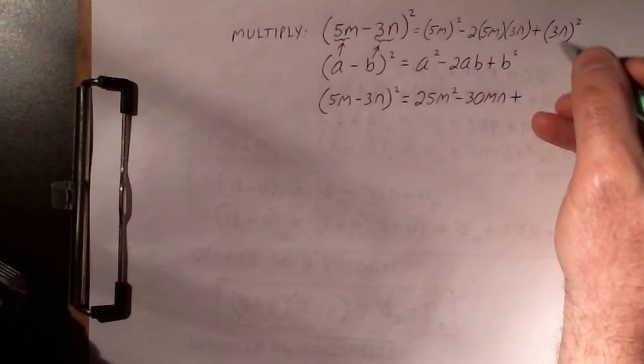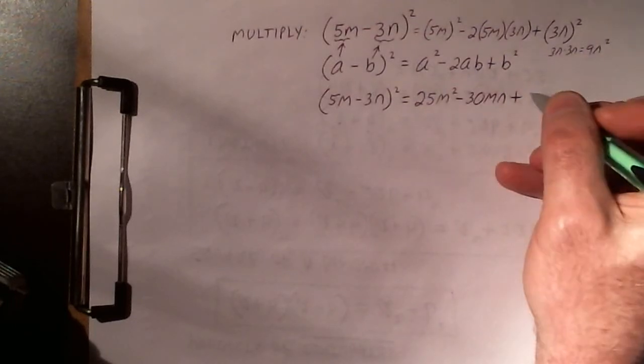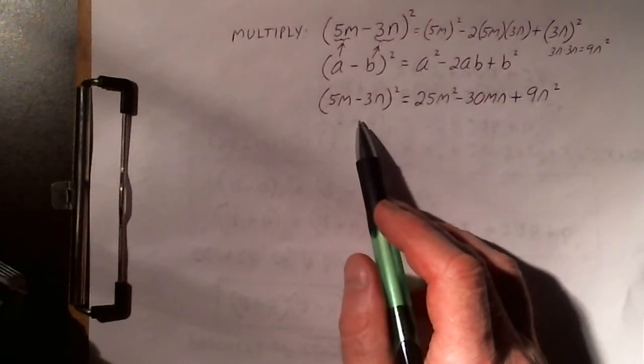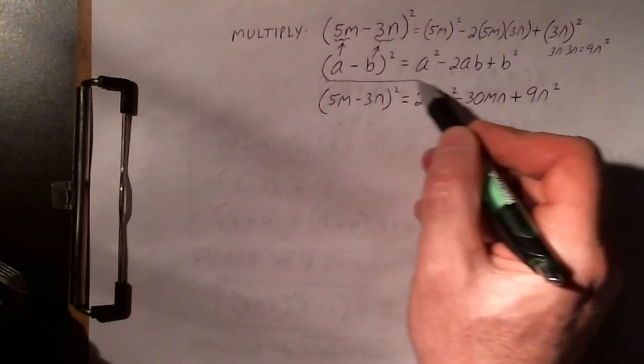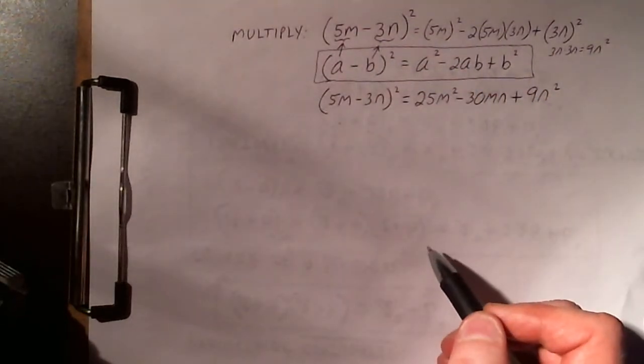Plus 3n squared is 3n times 3n, which is 9n squared. And there you have it. That would be the square of this binomial. Again, we're just following the pattern that was established on the previous page.